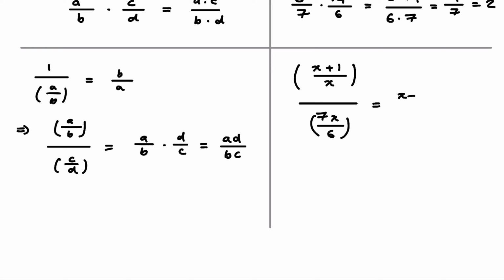This is x plus 1, 6 divided by 7x, and now you could simplify this as, well, 6 times x plus 1. We could distribute 6x plus 6 divided by 7x squared, if you want to simplify things a little bit. Of course, we're assuming here x is not equal to 0, otherwise we'd have problems with the denominator.